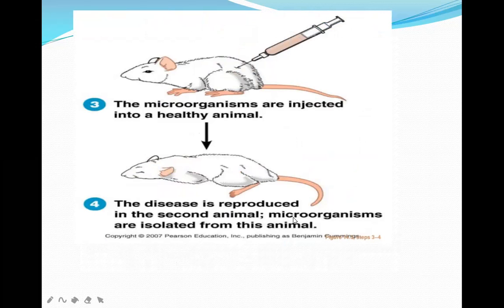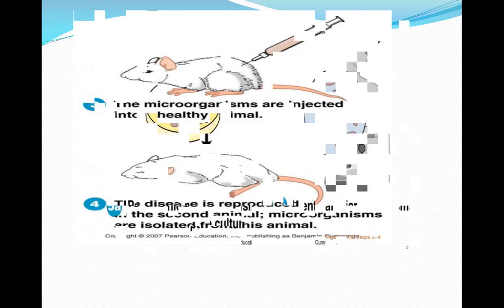Next, the microorganisms are injected into healthy animals through injection. The disease is reproduced in the second animal. Microorganisms are isolated from this animal. So, in the healthy animals, again the pathogens are present.